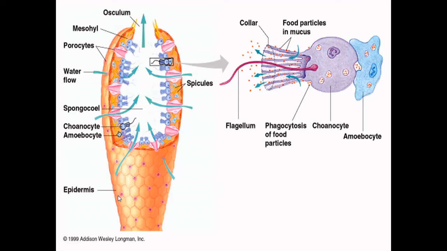Porocytes derive also from pinacocytes. So the porocytes will allow the entry of water going to the inner part of the sponge. So we have the arrow shown here, how the water will enter inside the body of the sponge.